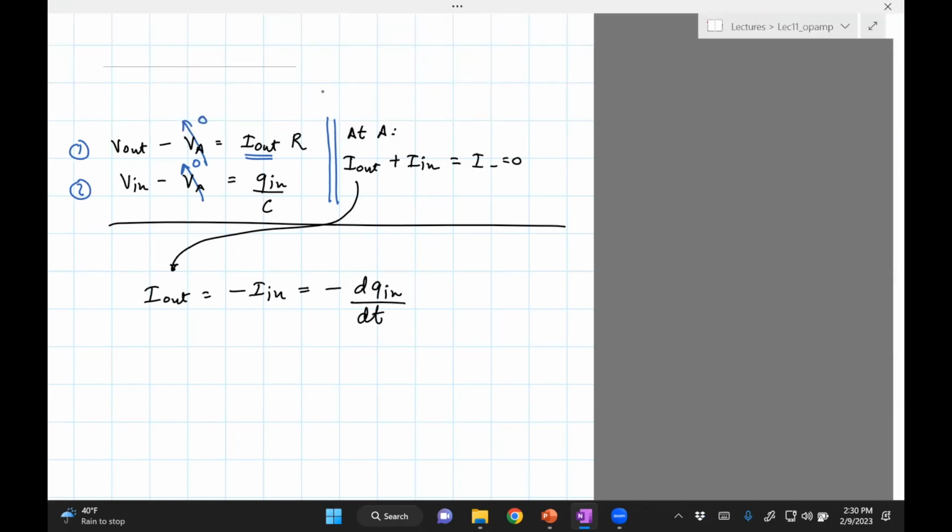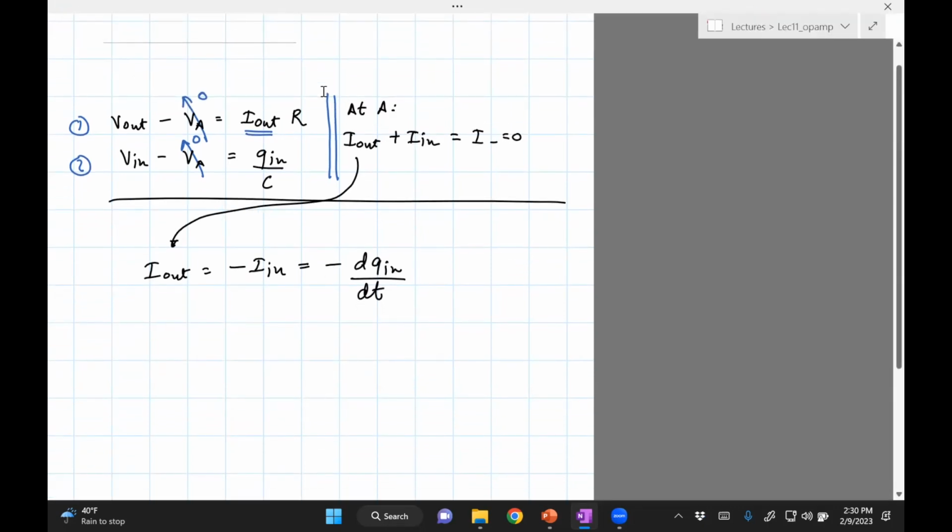So what I'm going to do is replace the values of I out and Q in from 1 and 2.